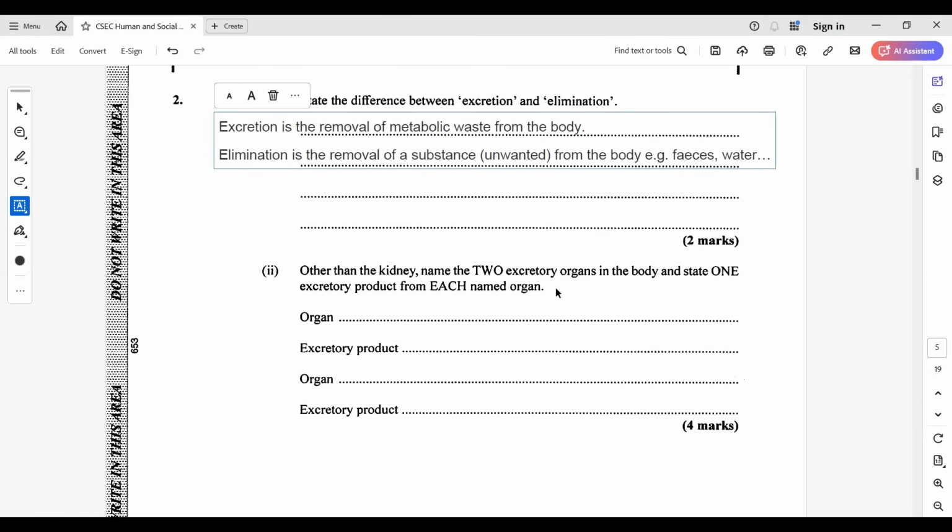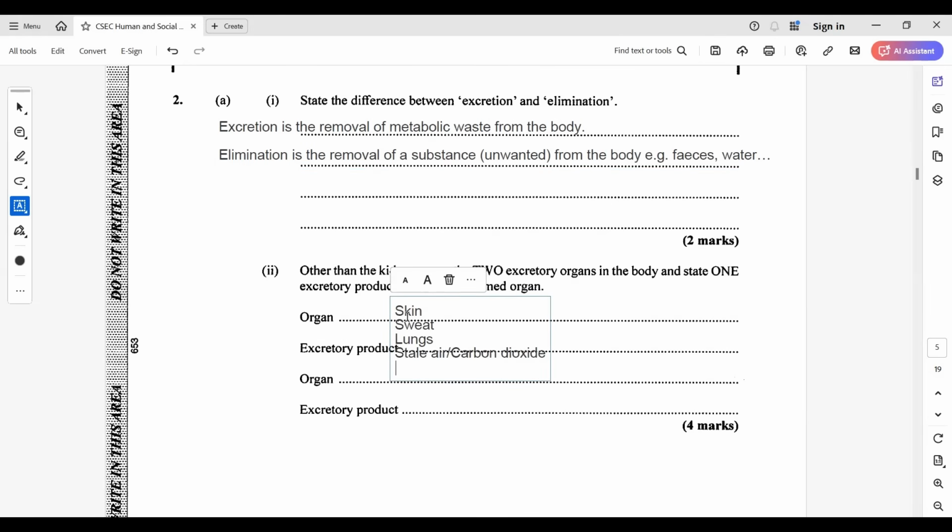Other than the kidney, name 2 excretory organs in the body and state 1 excretory product from each named organ. So we could put it out like this. We have the skin and sweat being produced from the skin.